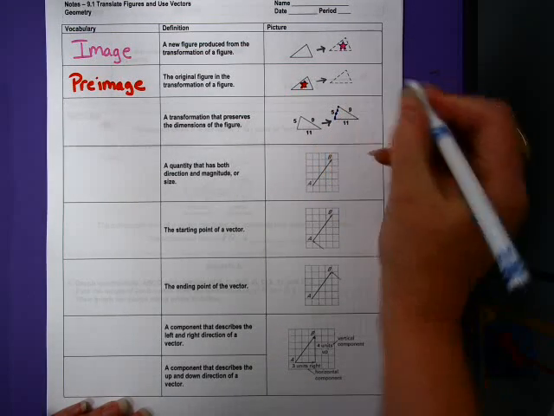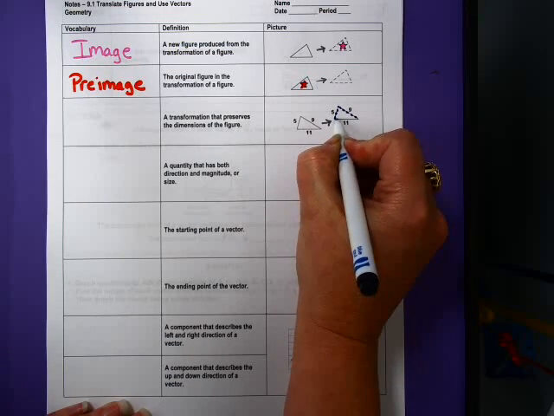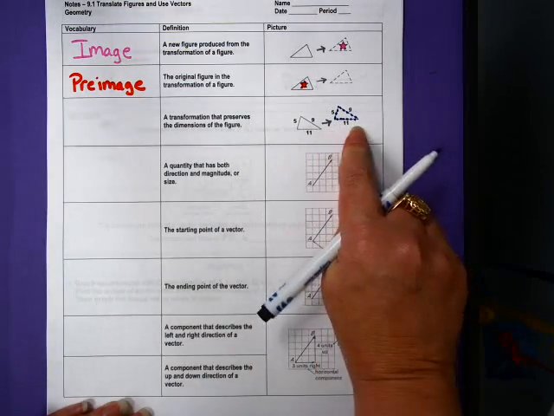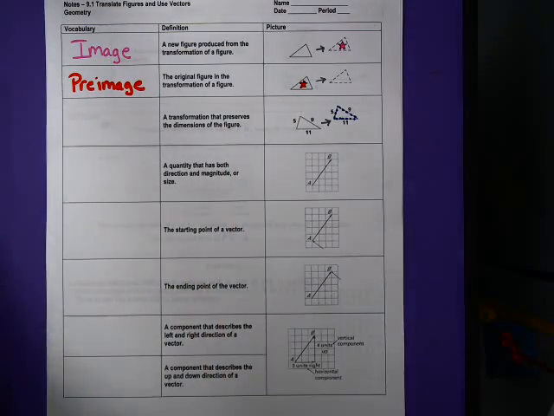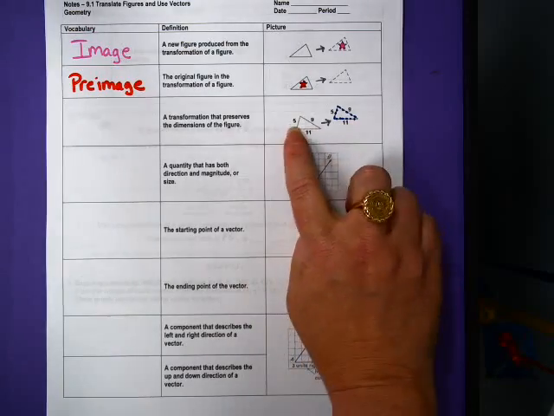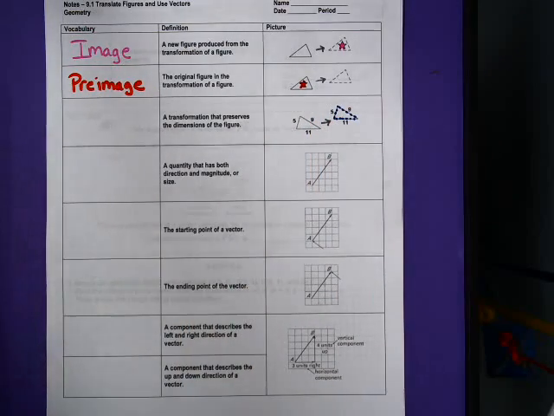So I'm going to go back in and highlight this. This right here is supposed to be dotted to represent the changed figure. So here, when we transform a figure and it doesn't change the dimensions, we call that isometry.